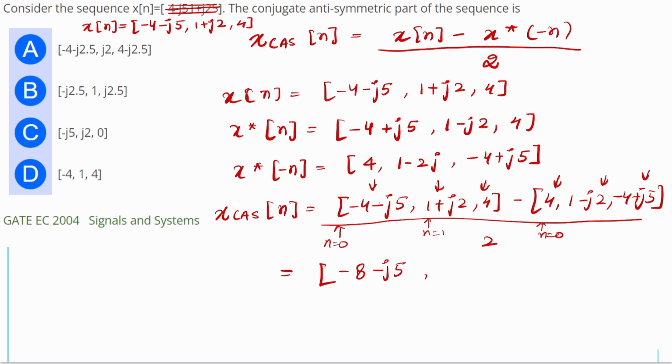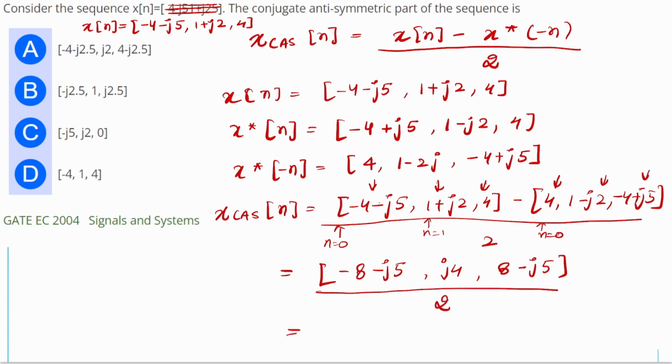Comma 1 plus j2 minus 1 minus j2. So minus and minus will become plus, and 1 minus 1 will become 0, leaving us with j4, right? And comma, similarly, you can find out the other one. So it will be 8 minus j5 divided by 2.